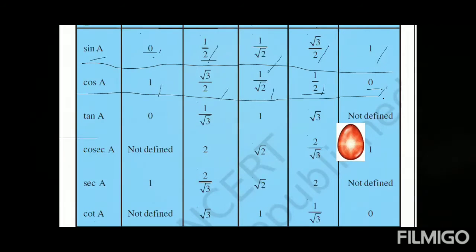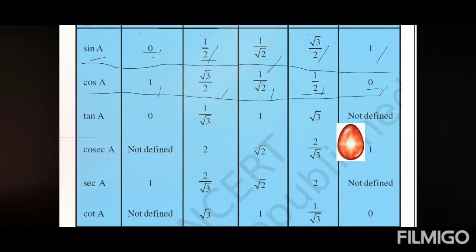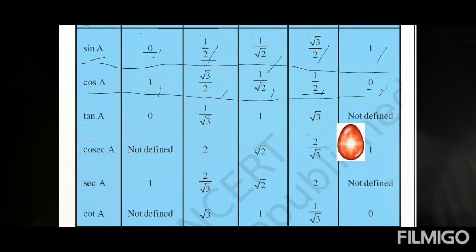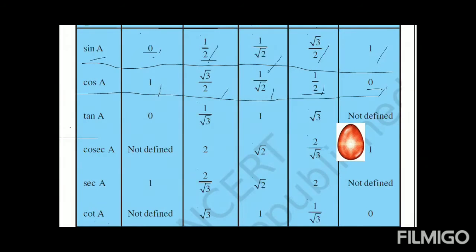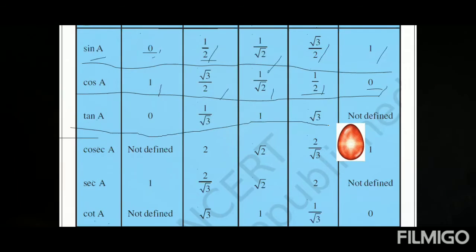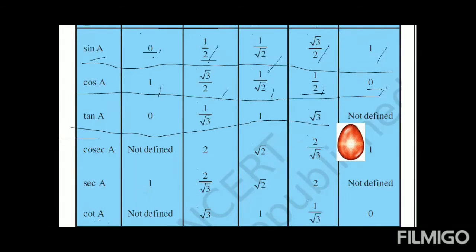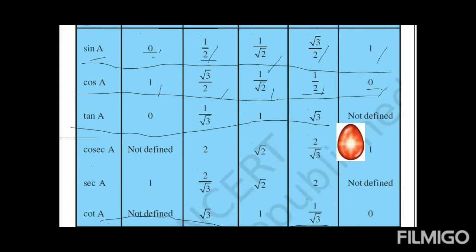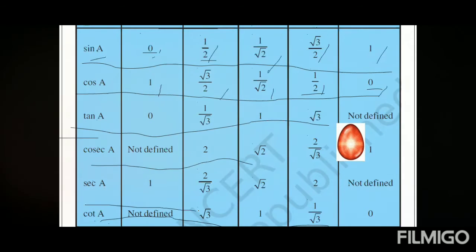Now by using these, you could find tan A, cosecant A, secant A, and cot A. They also have similarity, like tan A is the reverse of cot A, and cosecant A is the reverse of secant A in this table.